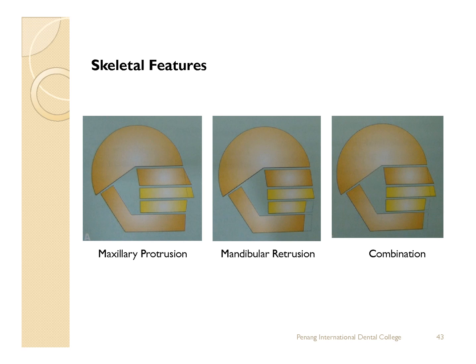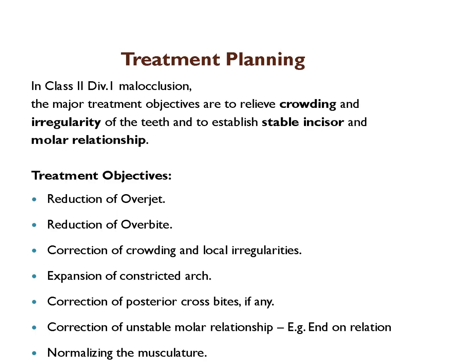Whether the problem is because of maxillary protrusion, or you can have a mandibular retrusion, or you can have a combination. So many things are there. When you have skeletal features, you must see which jaw is at fault, right?